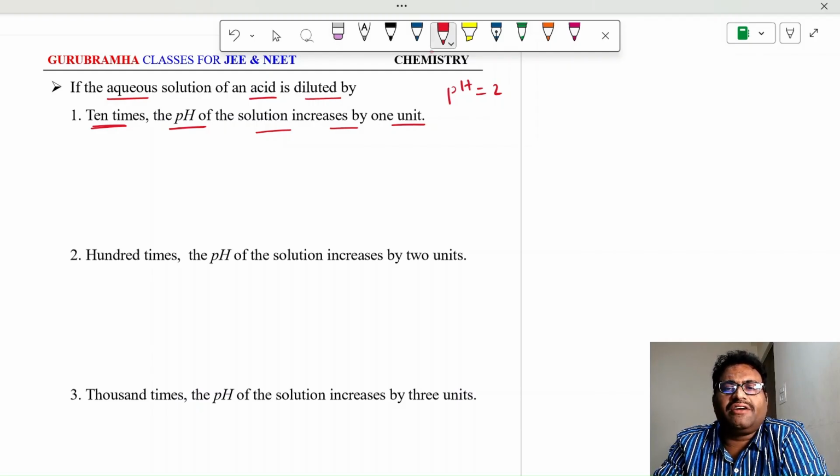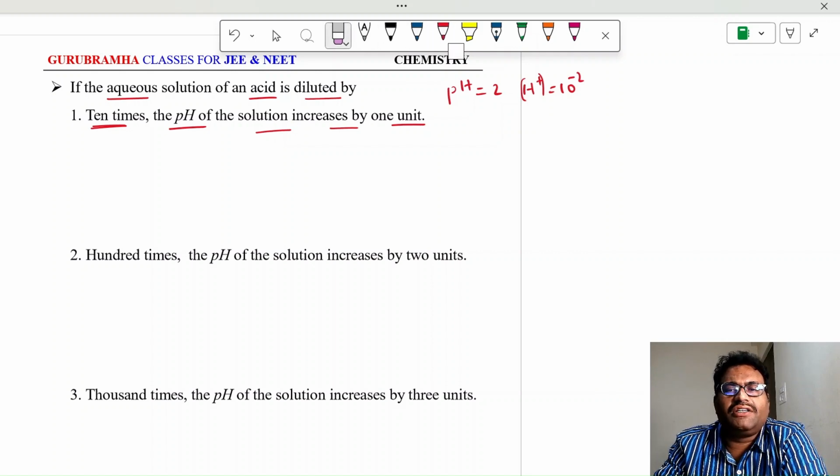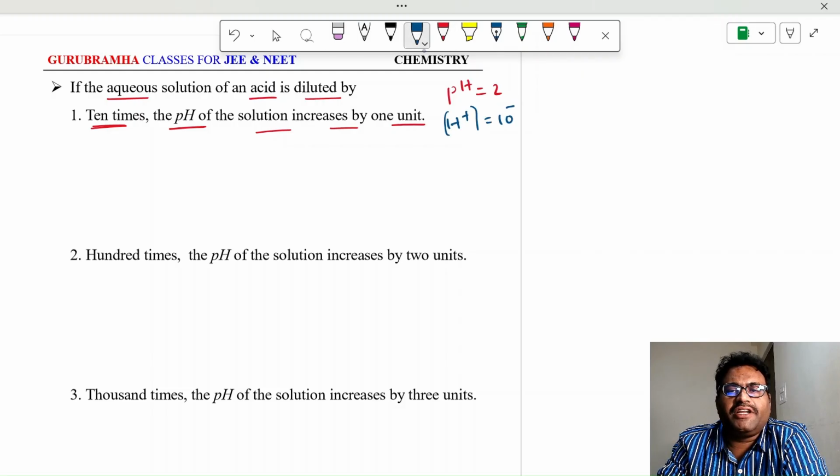Then its H plus ion concentration will be 10 power minus 2. You know that. If pH is equal to 2, its H plus ion concentration is equal to 10 power minus pH, that is 10 power minus 2 molar.